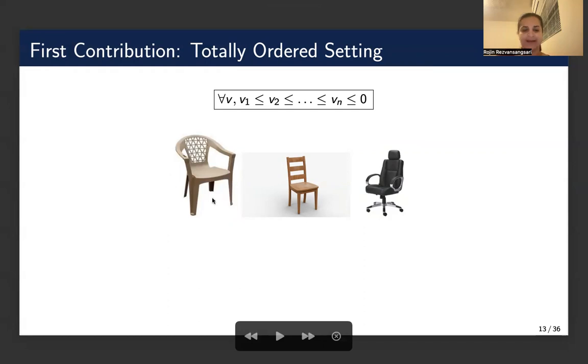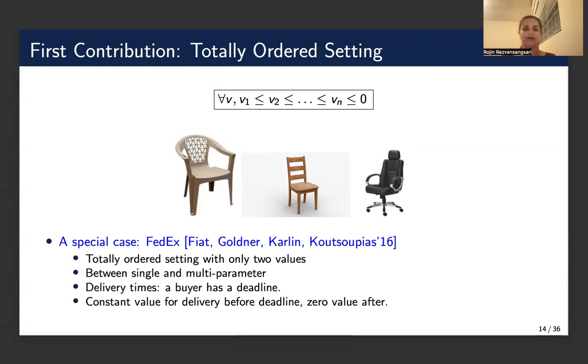For example, let's say I have this chair and it has some base value. Now, if I move on to this second chair, which is better than that, then my value increases or doesn't decrease, and so on for the rest of them. So we can think about it as consecutive upgrades. Now, a special case of total ordering is FedEx, which was first introduced by Fiat et al.